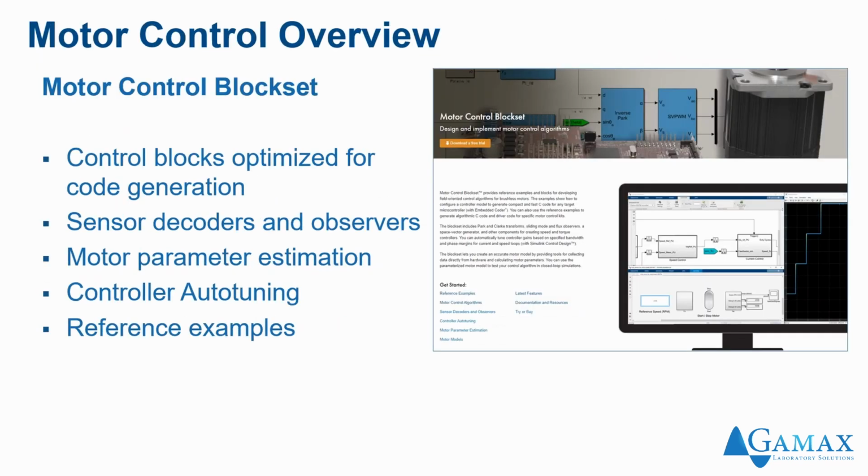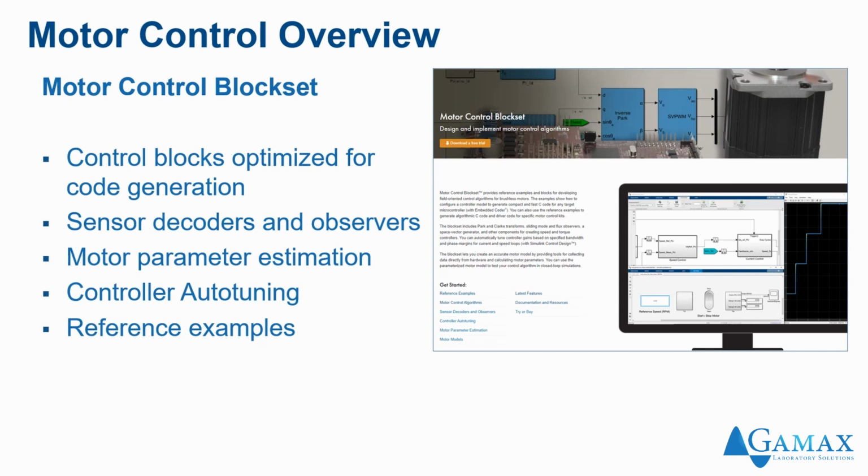In release 2020a, the Motor Control Blockset was introduced, and then the 2020b release was equipped with a major upgrade that will automate and simplify the development process for embedded motor control algorithms. The product provides pre-built algorithmic blocks optimized for generating efficient code.